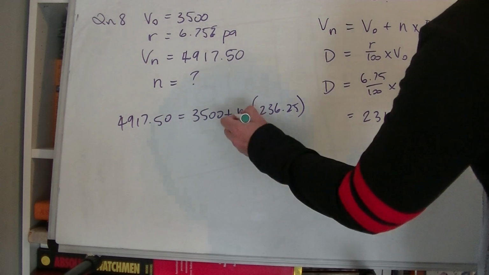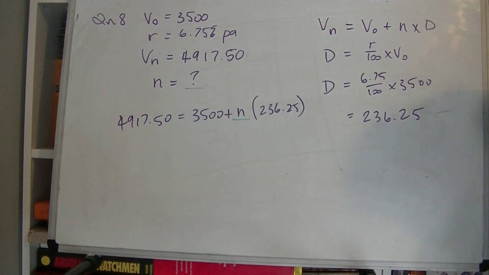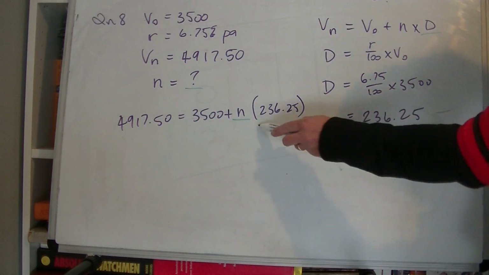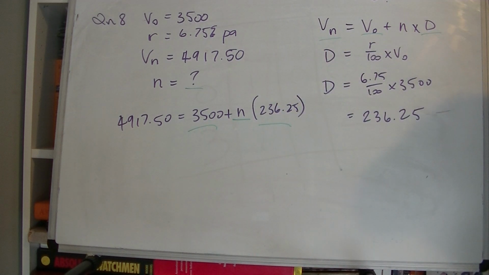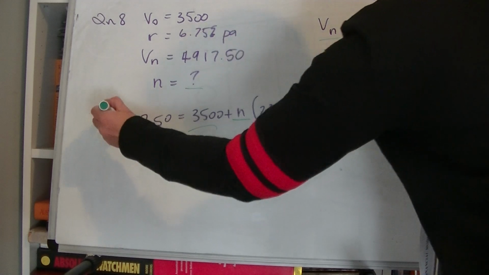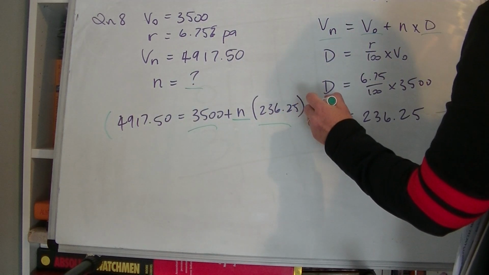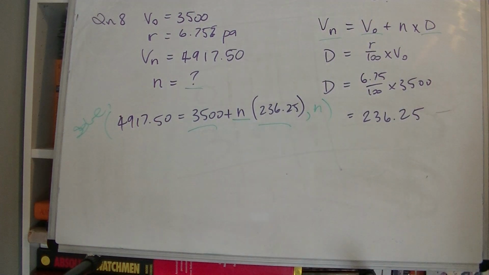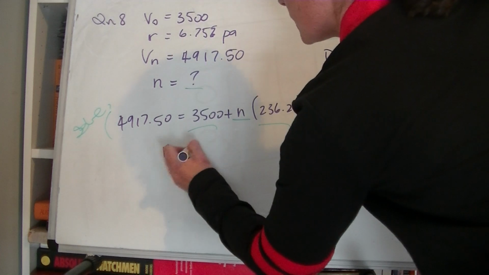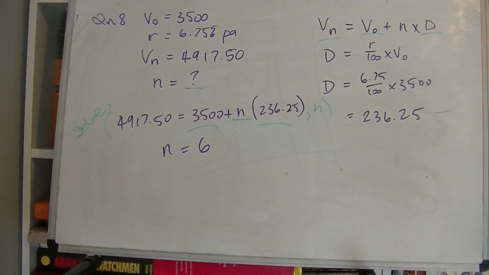The unknown value is n, that's the number that we're looking for. We've got D here, V0 here, and the Vn that we know what the future value is on the left. So we pop the n there, solve, and CAS gives us that beautiful one-step answer of n equals 6.